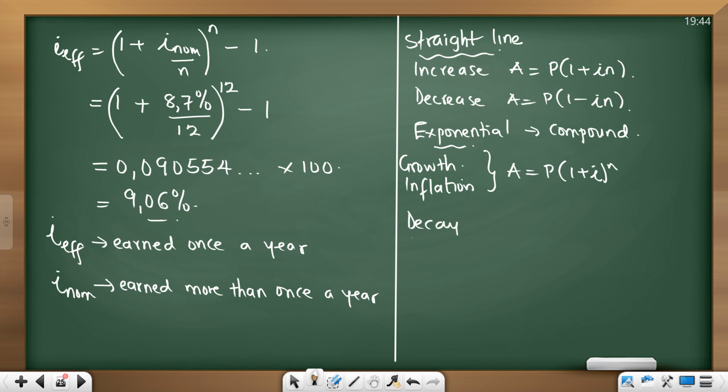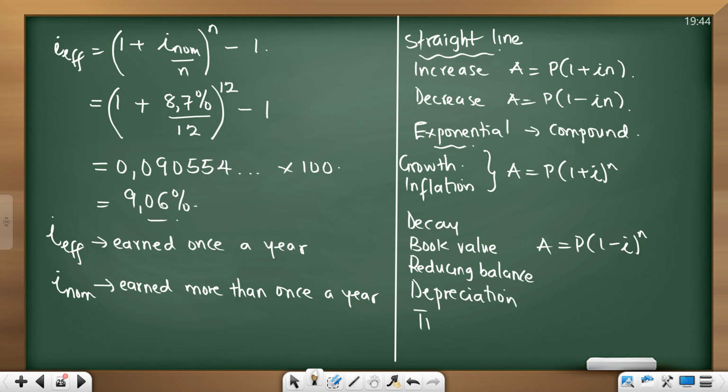Value, balance, A equals to P, 1 I, or we use the languages. All of this refers to one form. Interest, compound interest.